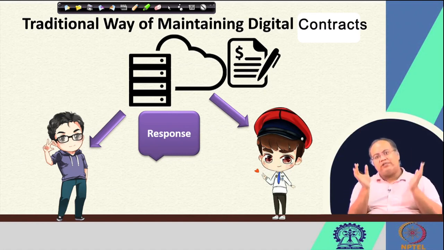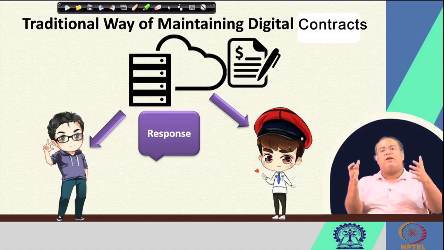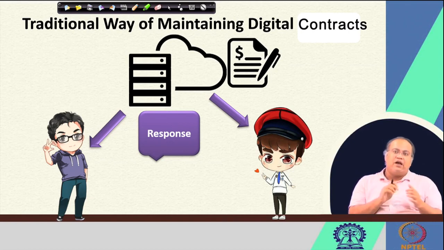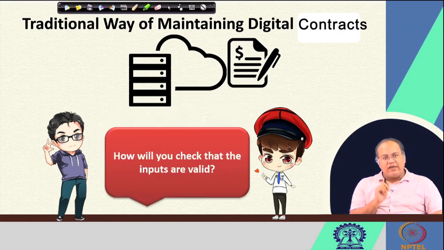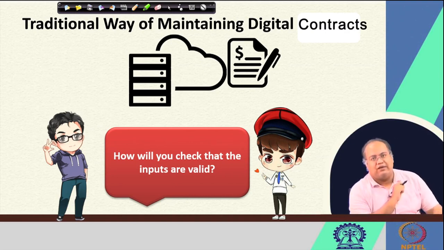But with this kind of centralized architecture of contract execution, whenever you have multiple people who collectively execute certain contracts among themselves, having a centralized platform has certain issues. So, what are they? The first issue is how will you check that the inputs are valid?